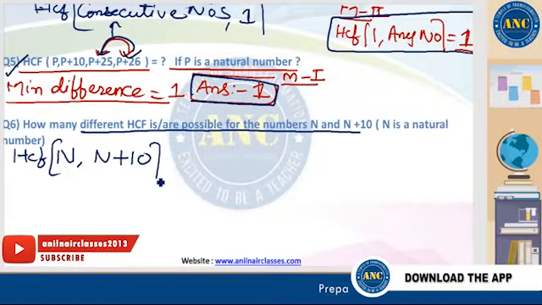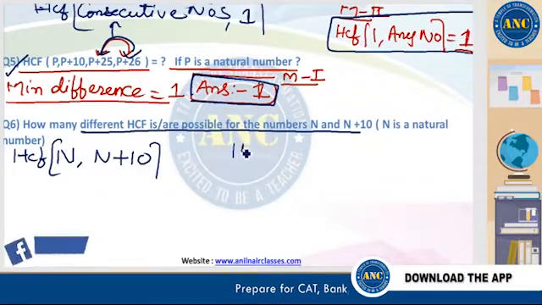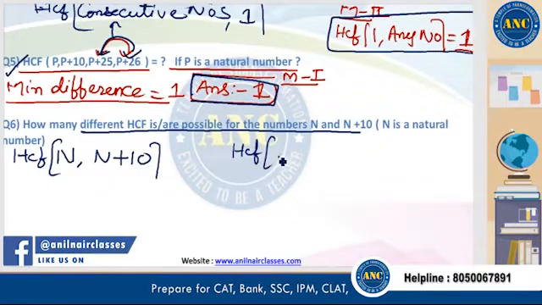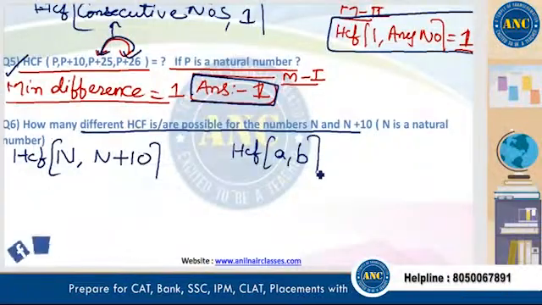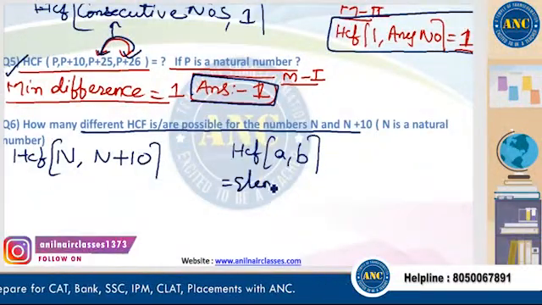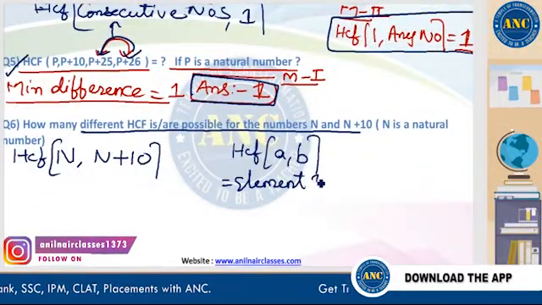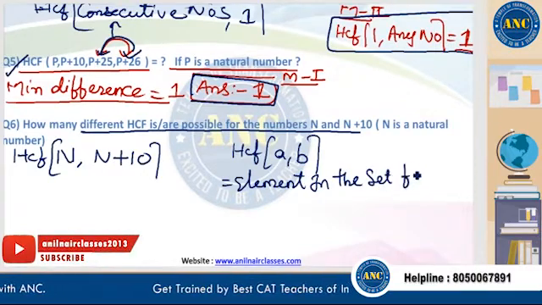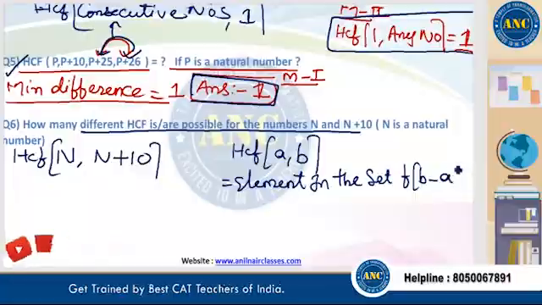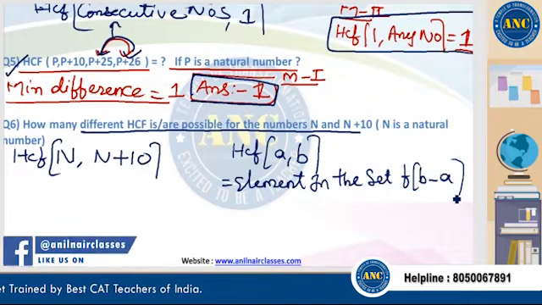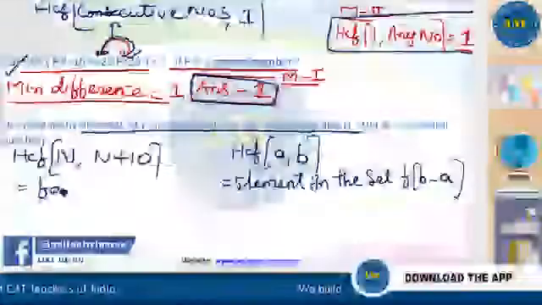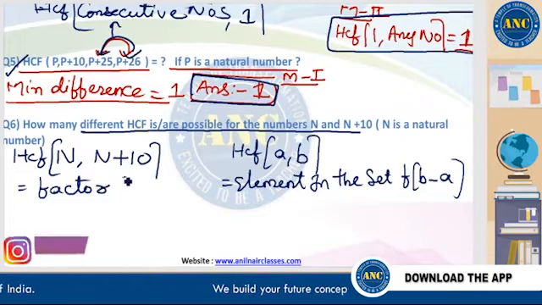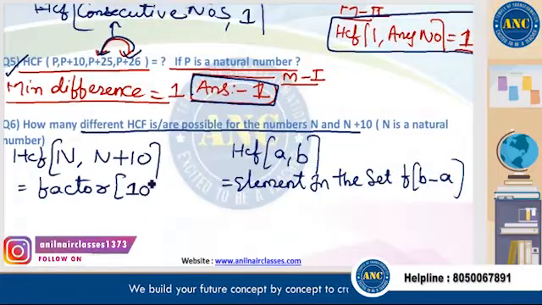What is the concept that we discussed right now? HCF of any two numbers is an element in the set of factors of B minus A. If I take the factors of their difference, the difference of n plus 10 and n is nothing but 10.